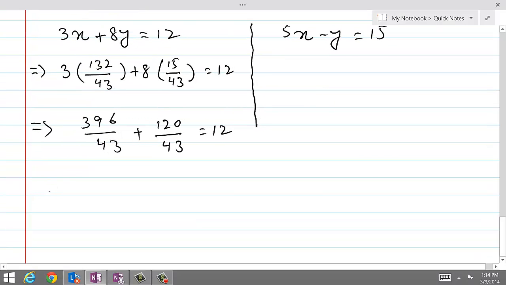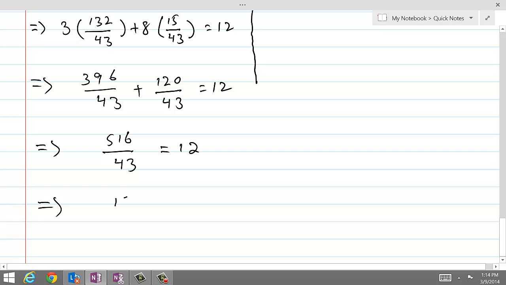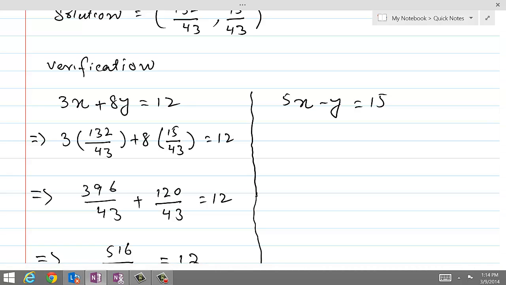And if we simplify this, 396 plus 120 will become 516 over 43, because the denominator on the left hand side is the same, 43. Therefore the addition process is pretty simple, and 516 divided by 43 is equal to 12. So this is a true sentence, which means that the point lies on the line 3x plus 8y equal to 12.